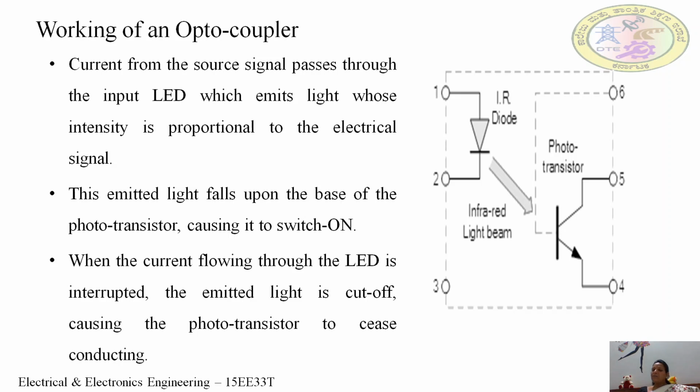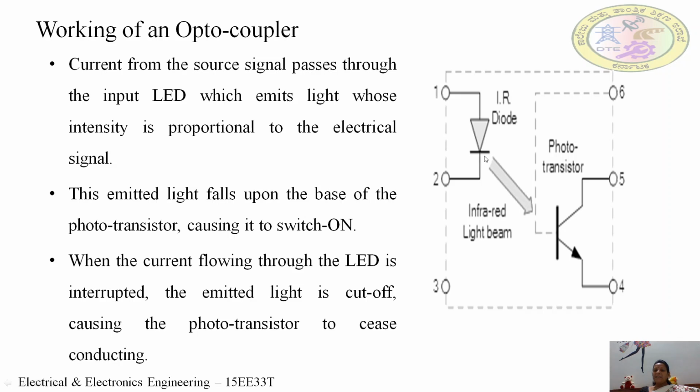A phototransistor is similar to the bipolar junction transistor. The working principle is the same as a basic bipolar junction transistor. The only thing is the base of the phototransistor is left open. There is no connection to it, meaning we leave the base open. Only the collector and the emitter are taken out for external connection in the case of a phototransistor.